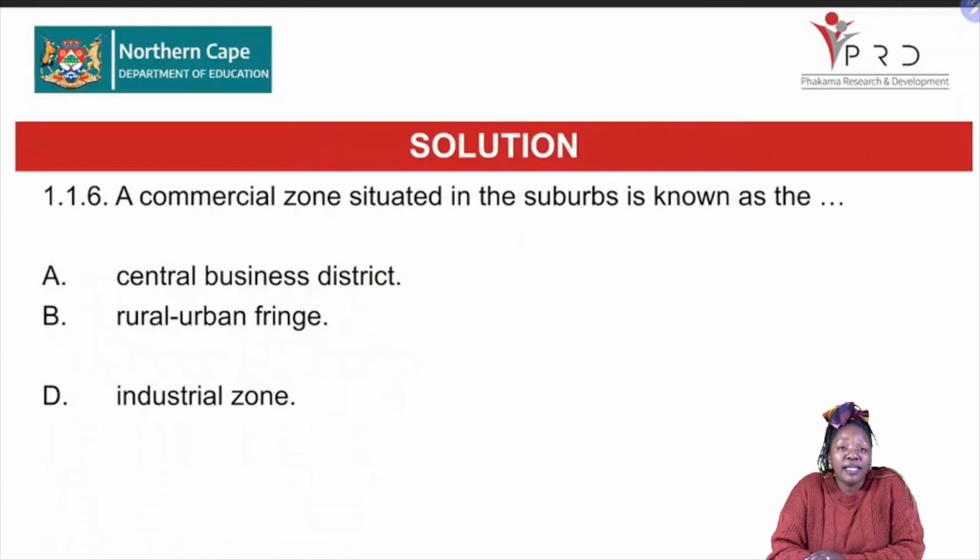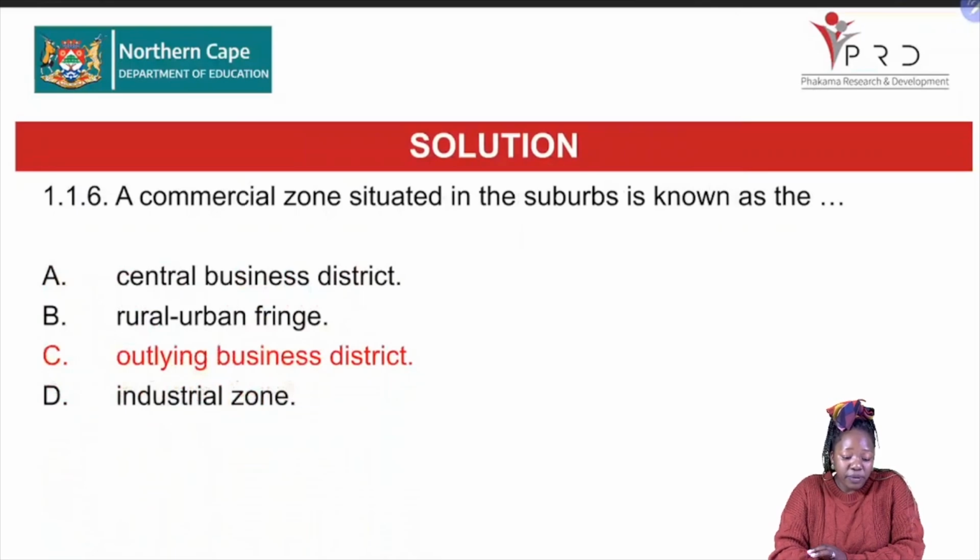We're looking there, that commercial zone that is situated in the suburbs, we call it the outlying business district. Remember the OBD again versus the CBD. The CBD is in the city center, and then your OBD, which is your outlying business district, is in the suburbs.